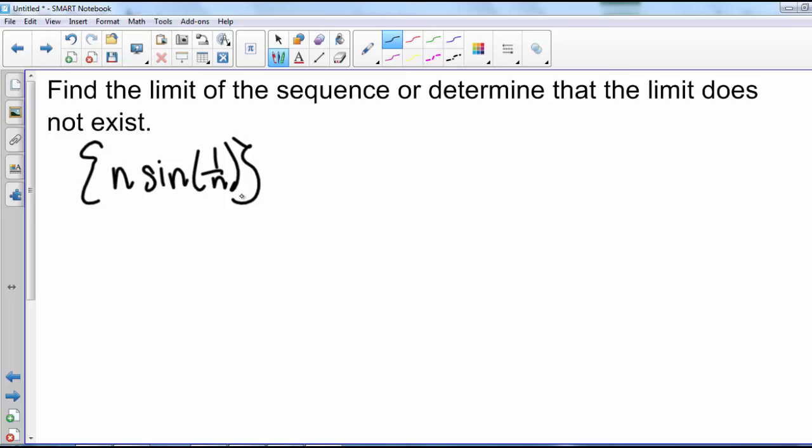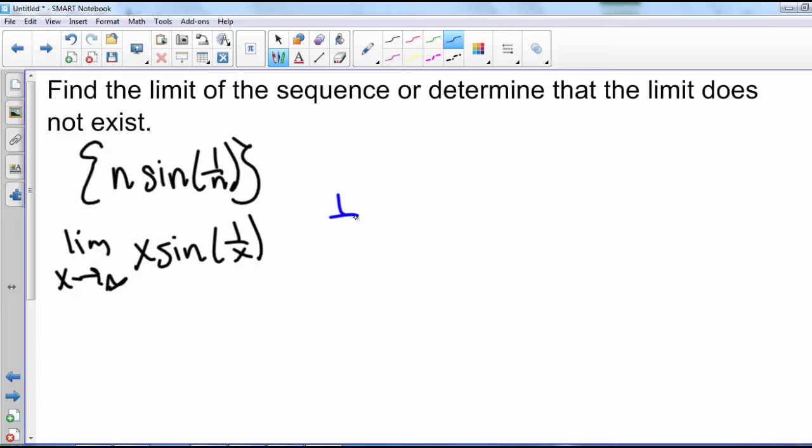Find the limit of the sequence, or determine that the limit does not exist, for the sequence n times sine of 1 over n. For this one, if we look at the limit as x goes to infinity of x times sine of 1 over x, we notice that 1 over x goes to 0 as x goes to infinity, and sine of u is continuous.